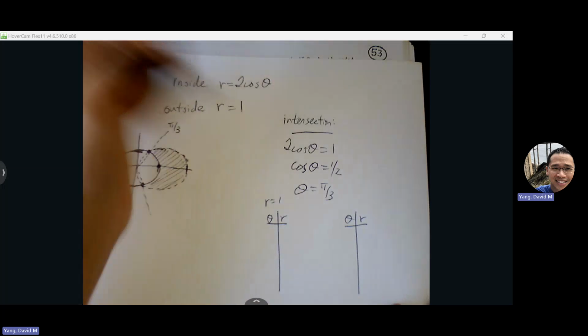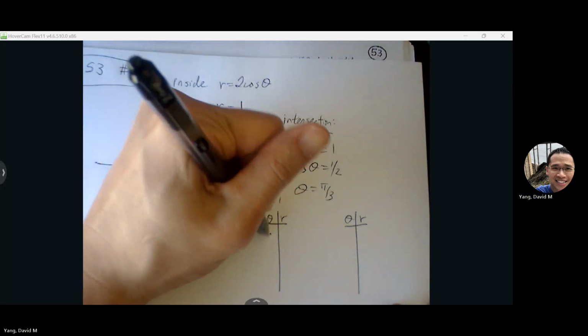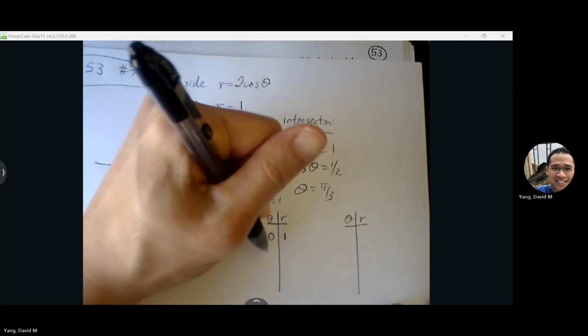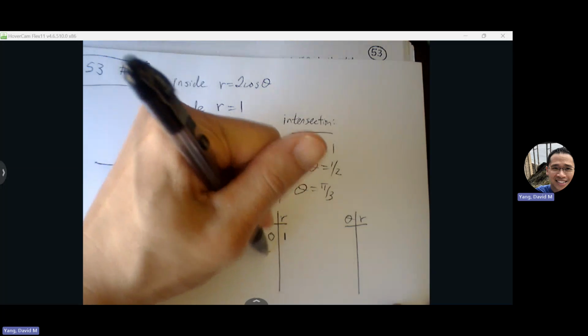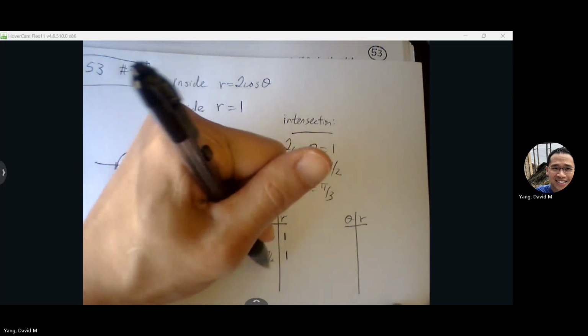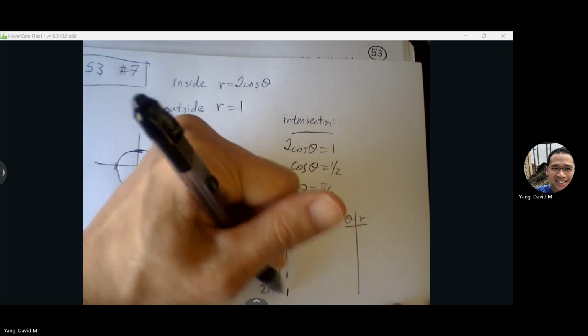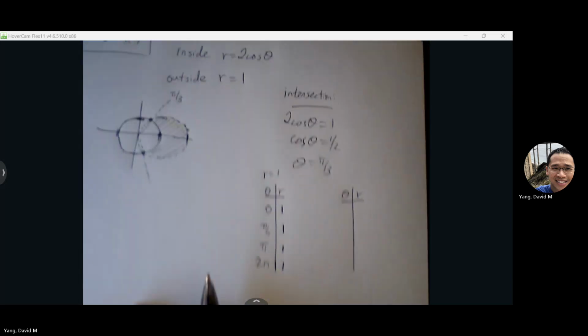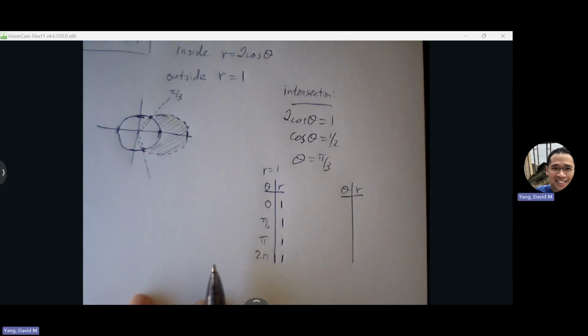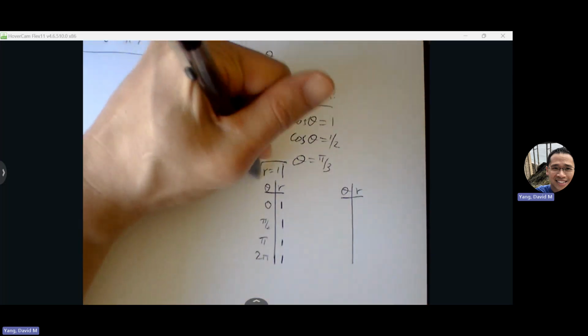So for R equals 1, 0. Okay, so this is pretty straightforward, right? So the circle, R equals 1, is going to take 2 pi for it to complete its cycle.